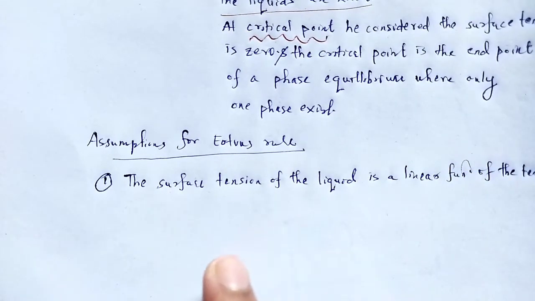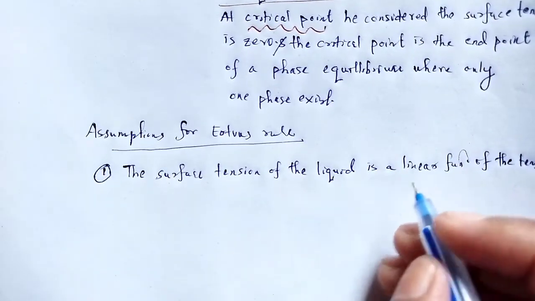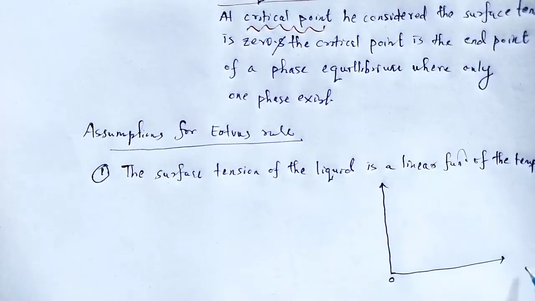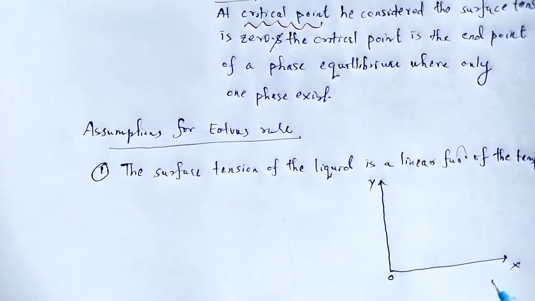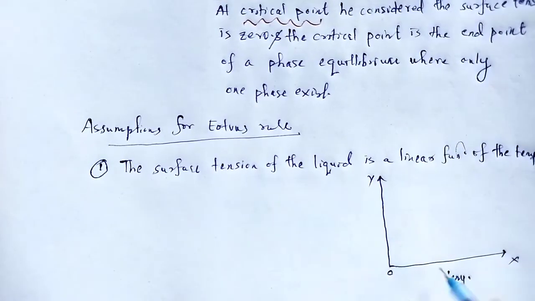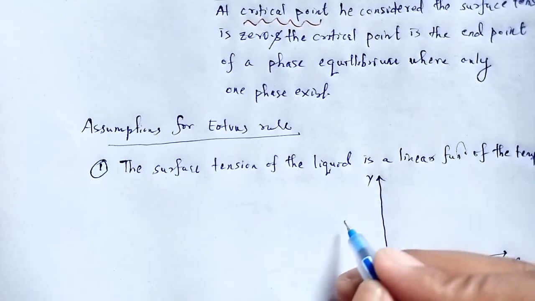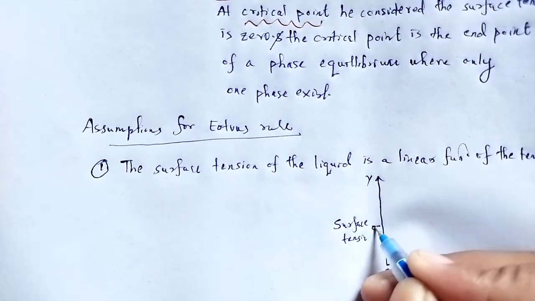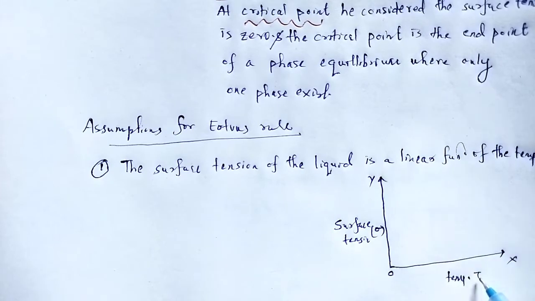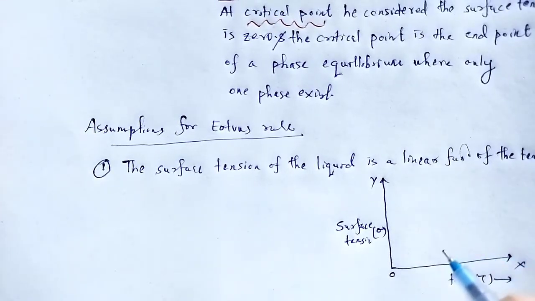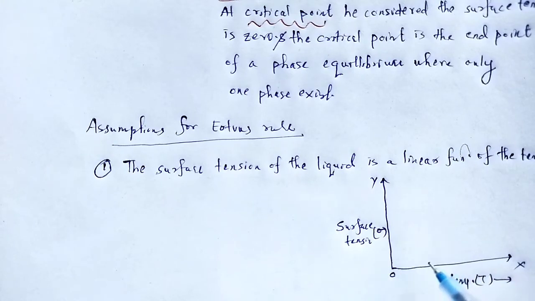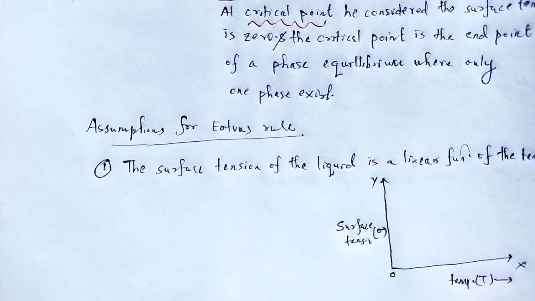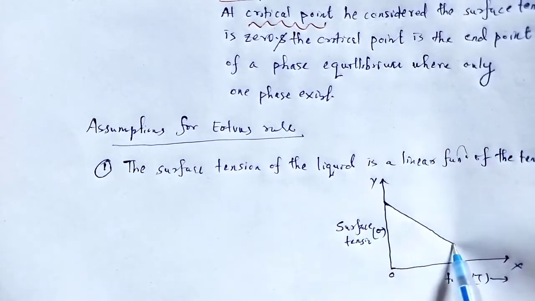He plotted a graph with temperature on the x axis and surface tension sigma on the y axis. The graph between surface tension and temperature depicts a fairly straight line.